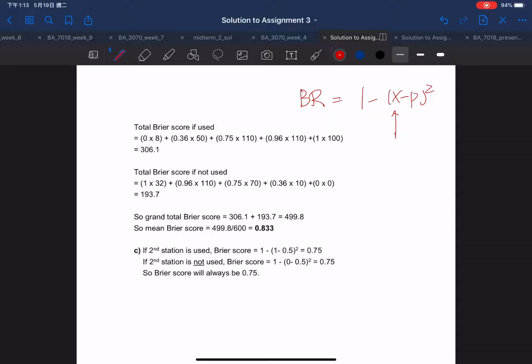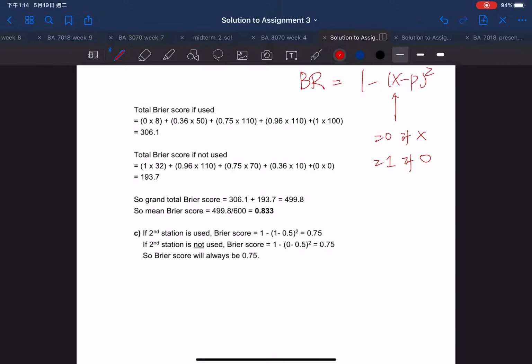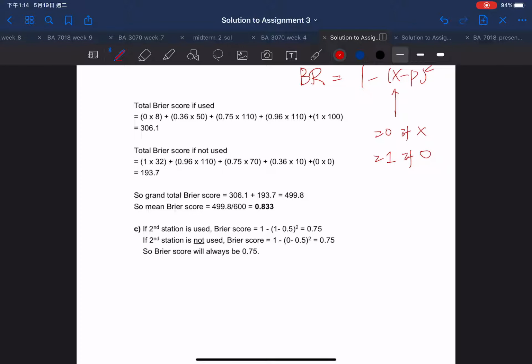The event is a binary variable, equal to 0 if the event does not occur, equal to 1 if it occurs. Okay? In this case, the event is, you can define it as whether the second station is used, for example. Okay?